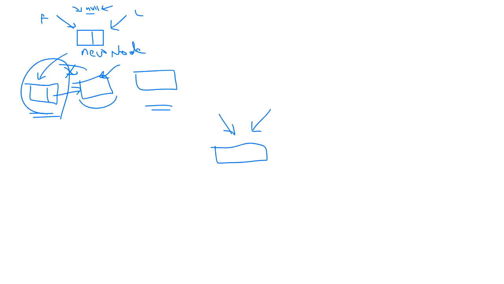Then I decided I want to add a new element to the beginning of this list. So definitely I have to tell my first that it is no longer going to point to that old one, and it needs to point to this new node. So this new node now becomes my first. And as we just discussed, this new node also should point to the old first node.